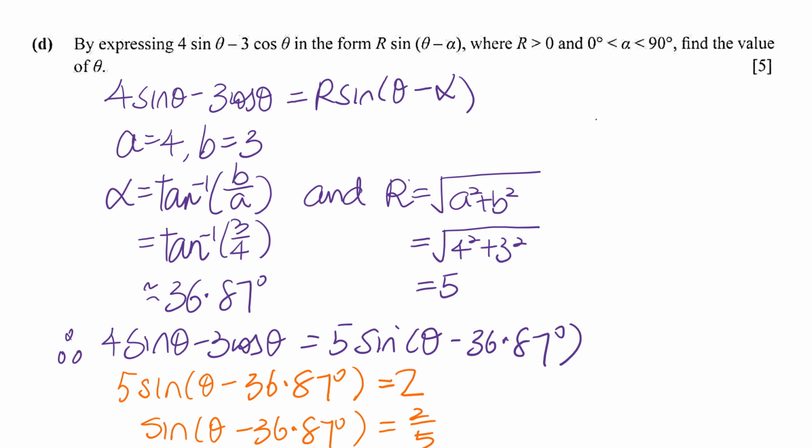Okay? And from there, we have to find the values of theta. So basically, we need to solve this trigo equation. So we have to find your reference angle, which is sine inverse 2/5.